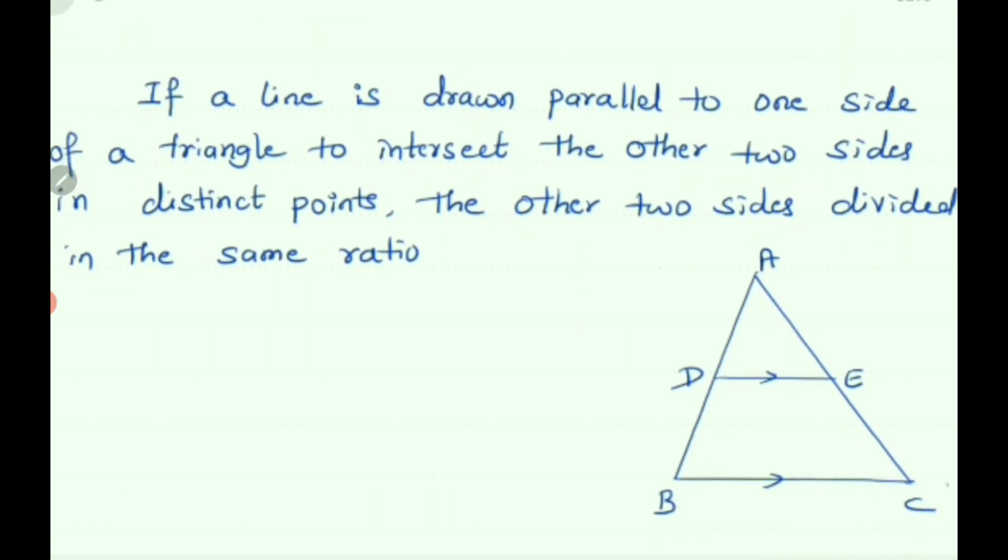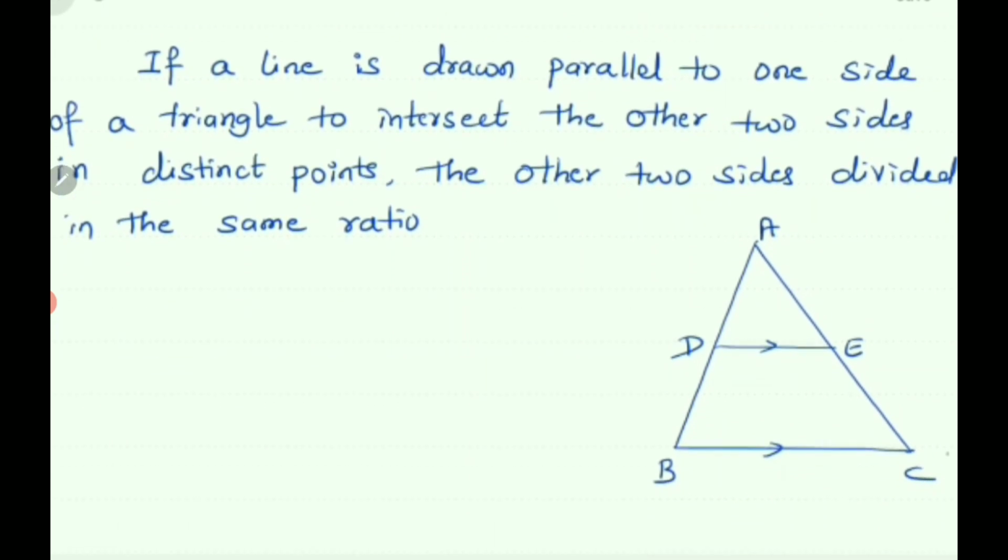Here there is a figure. ABC is a triangle and the line DE is drawn parallel to BC, and that line DE intersects AB at D and AC at E. What do you have to prove? The other two sides are divided in the same ratio.